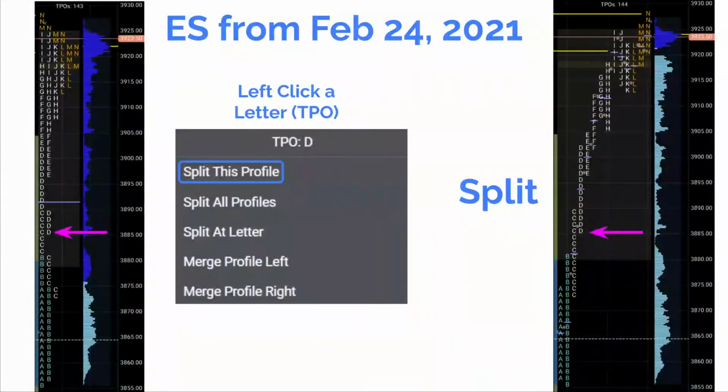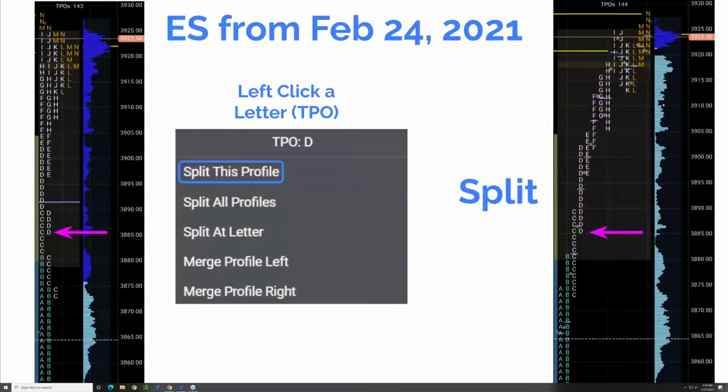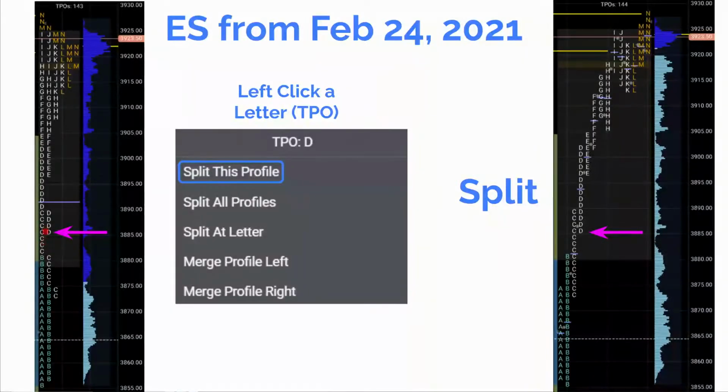So here on the left, the graphic on the left, this was again the ES from yesterday. You can see where the magenta colored arrows are pointing. That's where the single prints were initially confirmed because D opened. And you can see the single prints here below. Let me turn on my highlighter again. You can see these single prints, and this is the collapsed version of the profile.